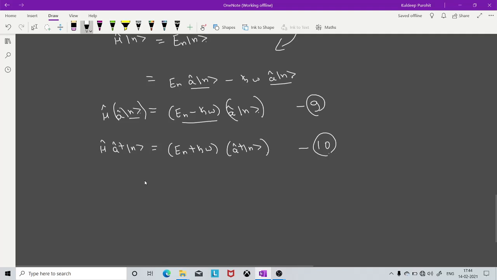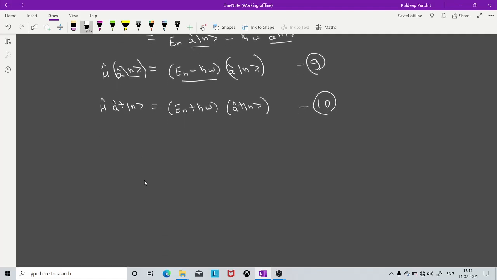Now these operators a and a dagger have a very special name. The a operator is known as the lowering operator, and the a dagger operator is generally known as the raising operator.